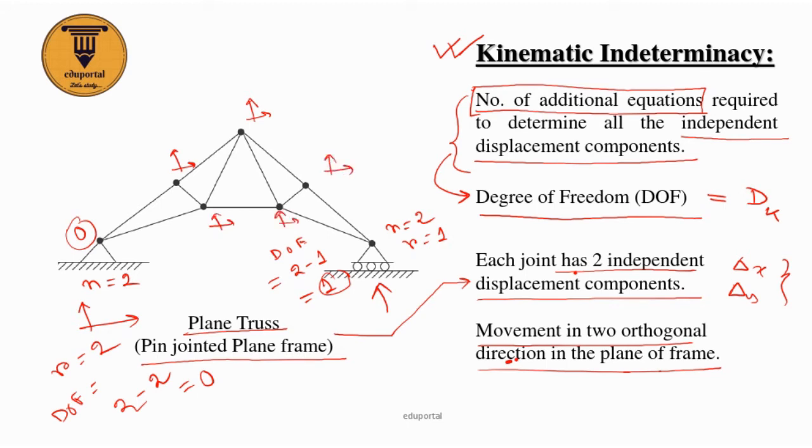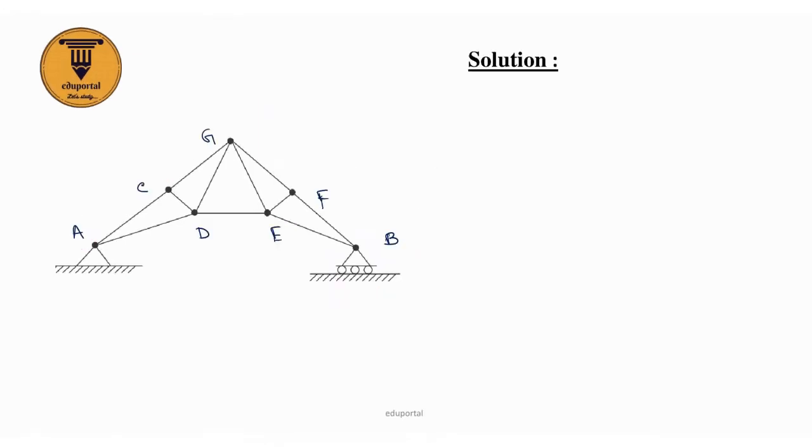Now let's solve this problem. So in our problem, it is a pin jointed plane frame. So each joint has two independent displacement components, that is, one is del x, another is del y. So n equal to 2.